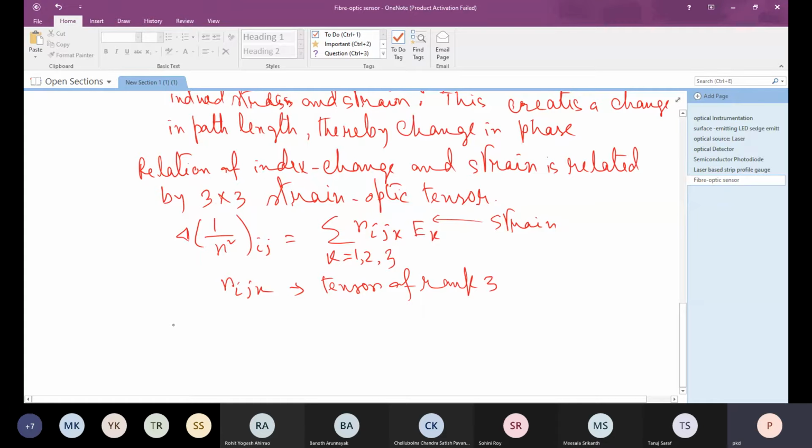Again, as we have seen in the piezoelectric case, here also, generally this part is simplified by assuming some symmetry of the stress and strain.